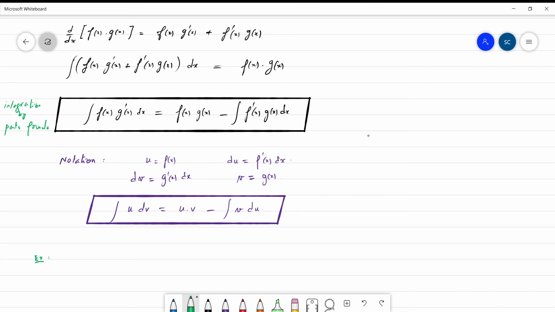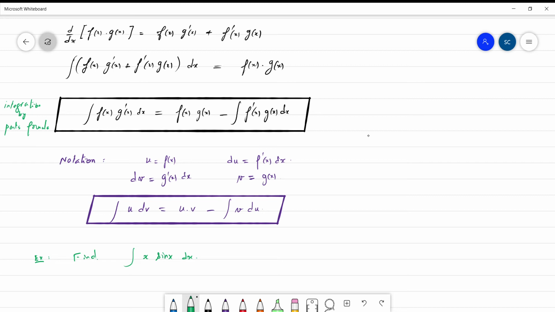Find the following antiderivative: the integral of x sin x dx. Here we don't see what kind of substitution we can do, so the method of substitution is not useful.